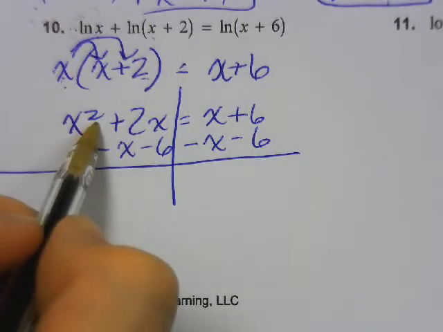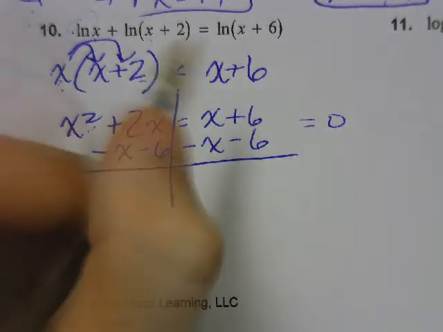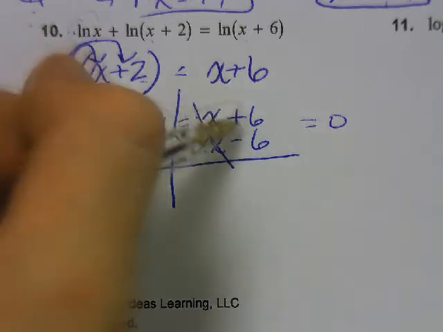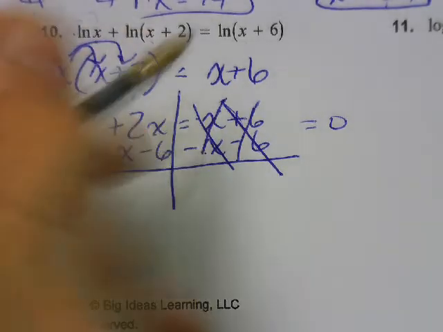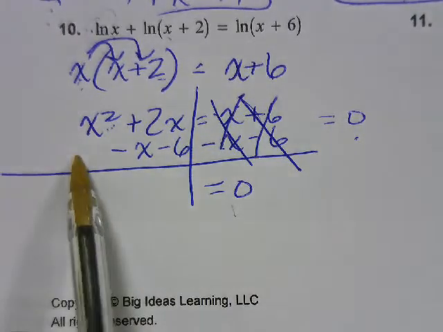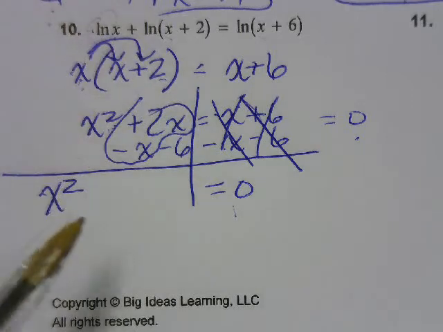So minus x cancels, 6 minus 6 cancels, and like we wanted, we have 0 down here now. On the other side, you have x squared, and then 2x minus x is 1x. And then you have this minus 6 over here.